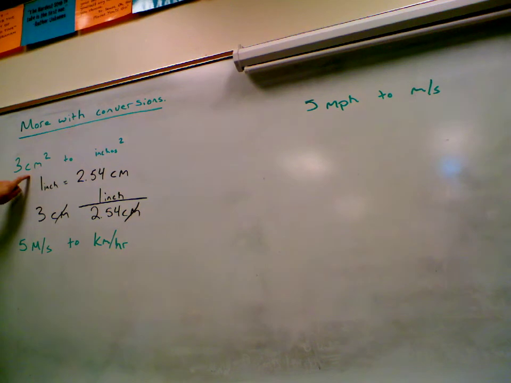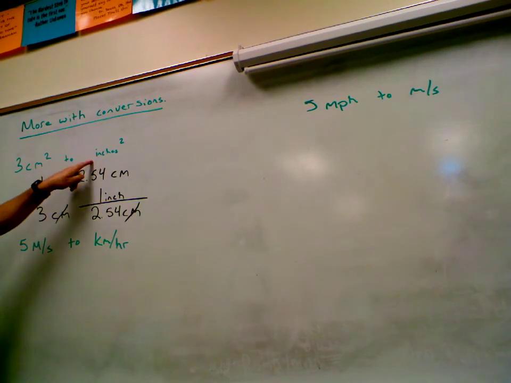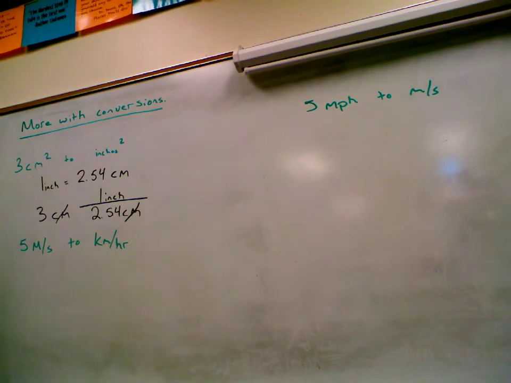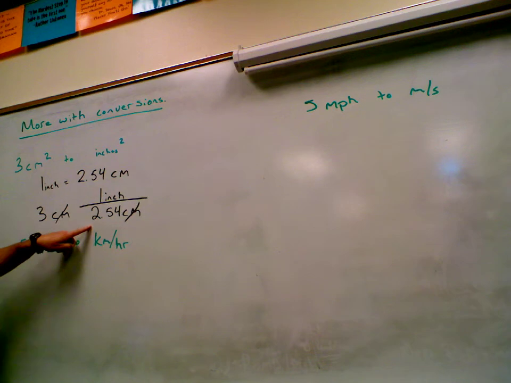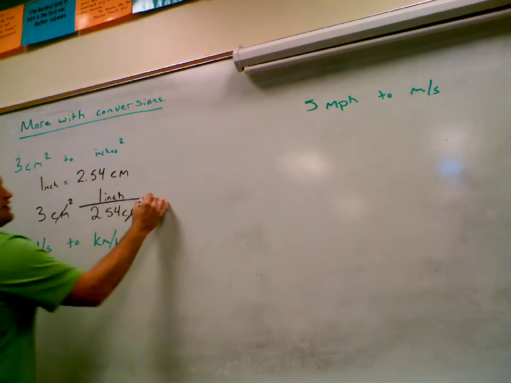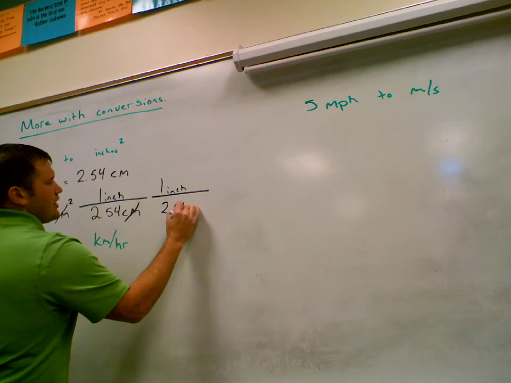But in this problem, I'm doing an area conversion, aren't I? This is centimeters squared to inches squared. So how many of these fraction bars do you think I need? I need 2, because this converts 1 centimeter. This has how many centimeters in it? 2 different centimeters, right? So I need to have the same fraction bar 2 times.